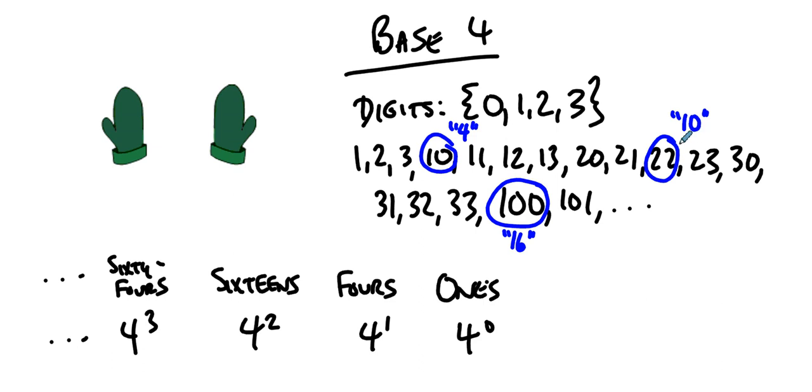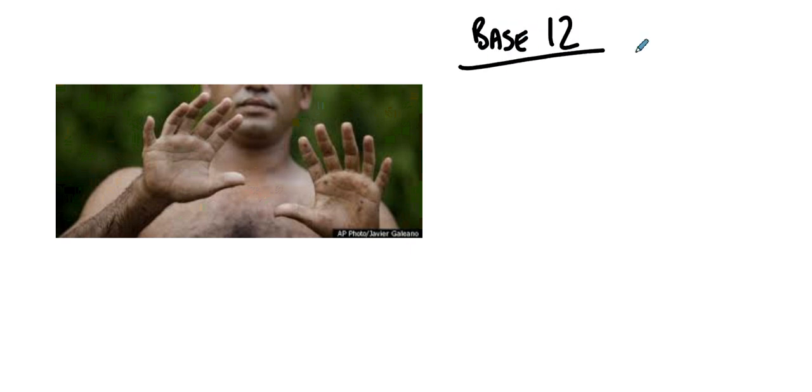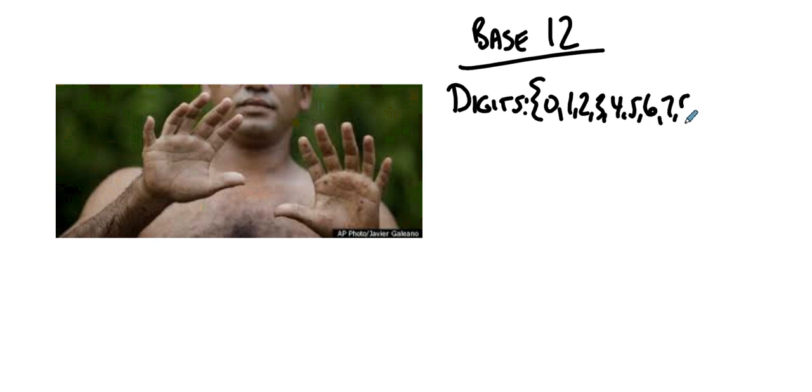That's 10. Well, what if we were 12-fingered? What if we counted in base 12? In base 12, there have to be 12 digits. There have to be 12 numbers that can be represented with one symbol. So what we traditionally do with this is we use T to represent the number 10 and E to represent the number 11.